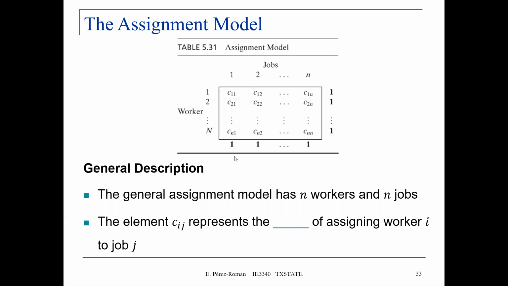So here's a description. The idea is that you have these n jobs, which are represented here at the top. You have n workers, and you want a 1-1 match between the jobs and the workers. And there's a cost associated with assigning workers to jobs. The general assignment model has n workers and n jobs. The element Cij represents the cost of assigning worker i to job j.